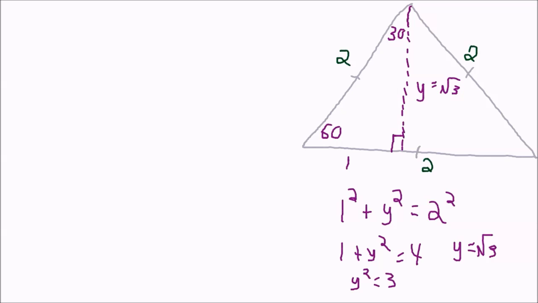So now that I've created this triangle, we're going to introduce some trigonometry. I can say that sine of 30 degrees is going to be, let's see, the opposite of 30 is 1, and the hypotenuse is 2, so the sine of 30 is 1/2.